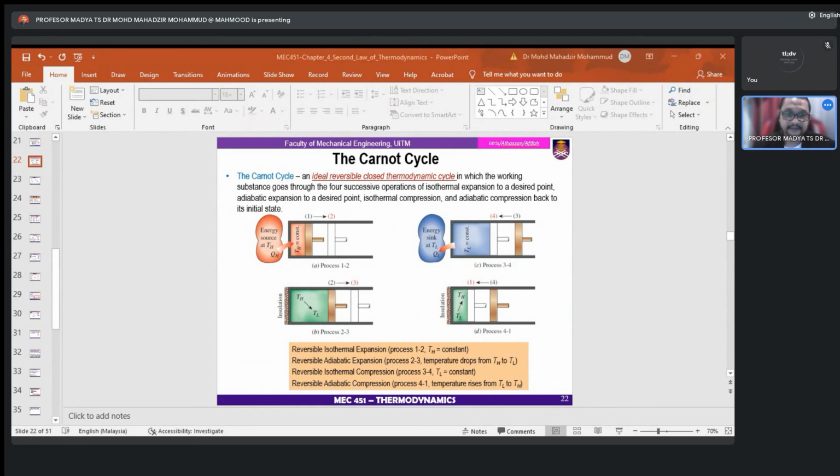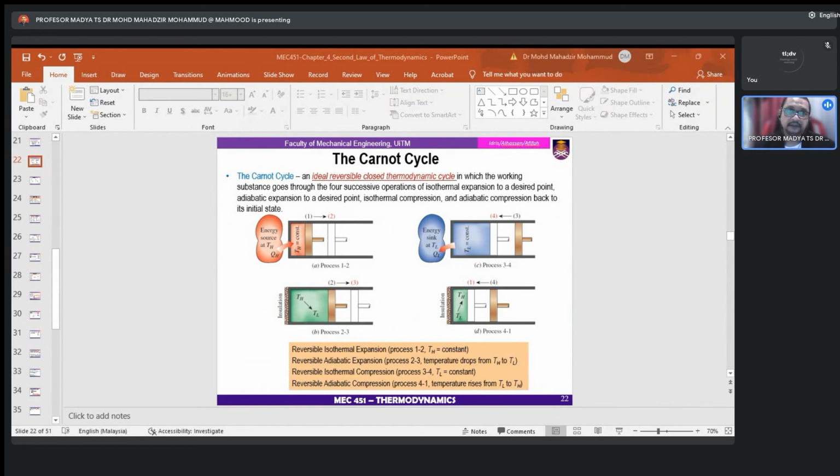The thermal efficiency of the Carnot heat engine, as well as all other reversible heat engines, is given by the formula thermal efficiency reversible equals 1 minus TL over TH. This is the maximum efficiency a heat engine operating between two reservoirs at temperatures TH and TL can have, between high temperature and low temperature.